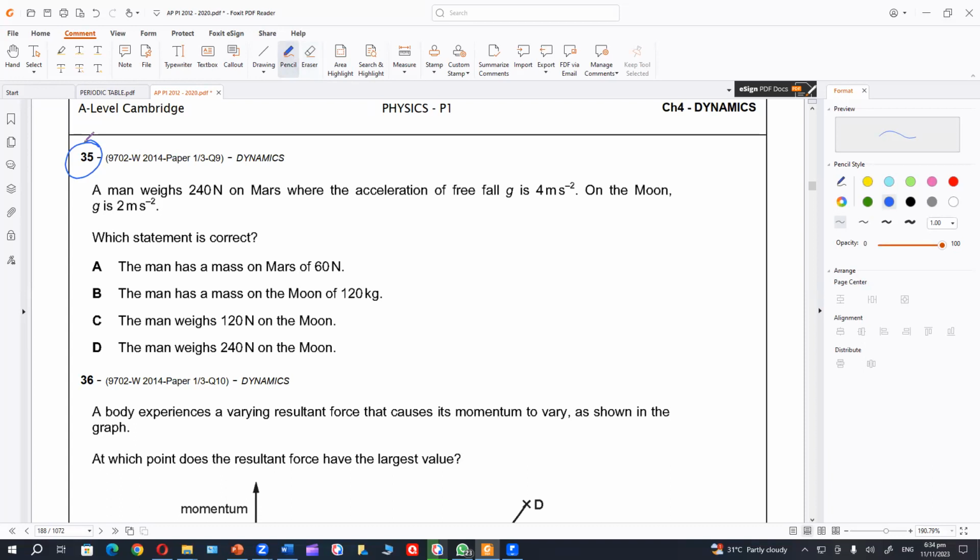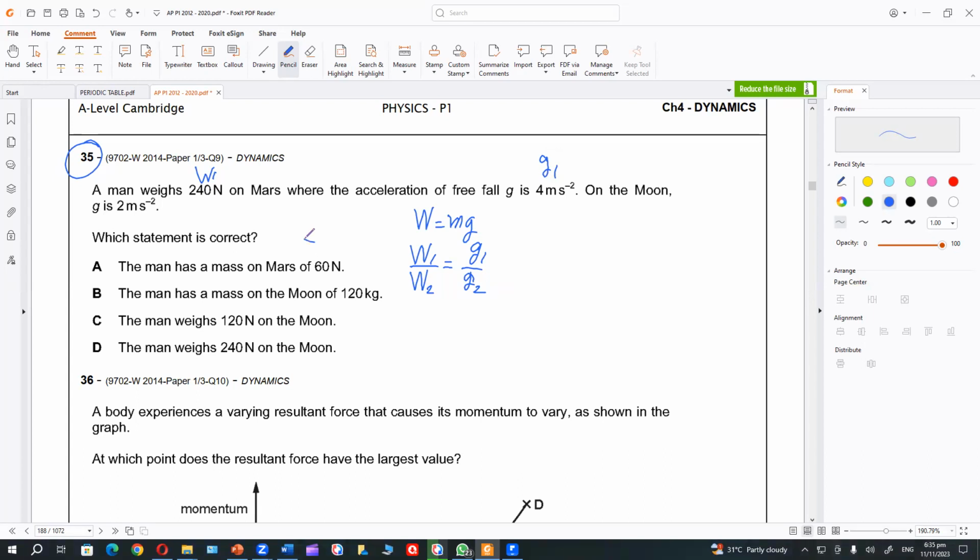A man weighs 240 Newton on Mars, where the acceleration of free fall is 4. On the moon, g is 2. Which statement is correct? We have a formula W is equal to mg. I can make a ratio formula because mass is constant. W1 upon W2 is equal to g1 upon g2. Remember that mass is a universal constant. So this is my W1, this is my g1.